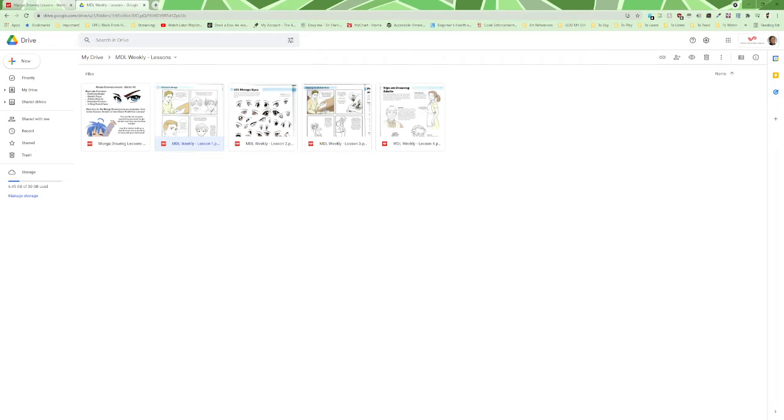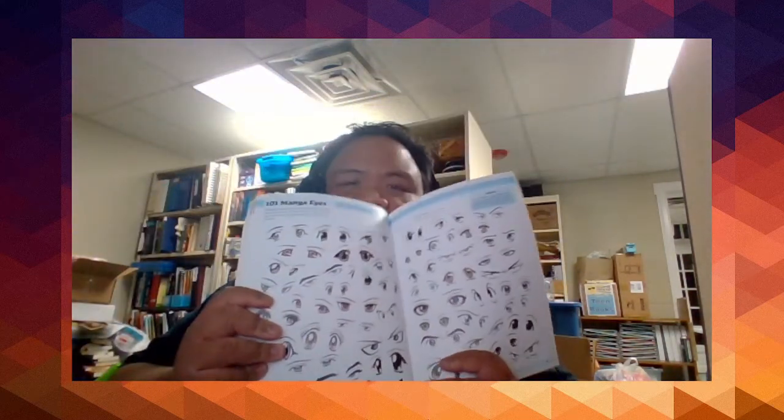The next lesson in the book continues on to the profile views of older and younger characters, and like 100 versions of these manga eyes, which is essentially lesson 2.